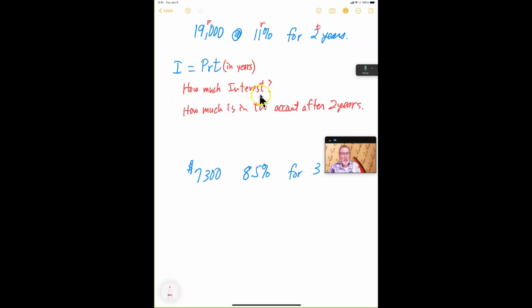So how much interest was earned in the bank? So we are going to use this formula, I equals PRT, to calculate that. And our P is 19,000. Our rate is 0.11, 11%. And our T is 2. So we should just be able to plug those in. 19,000 times 0.11 times 2.